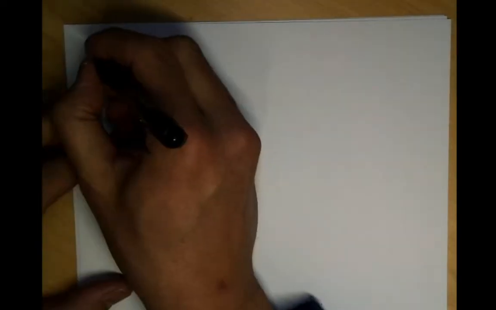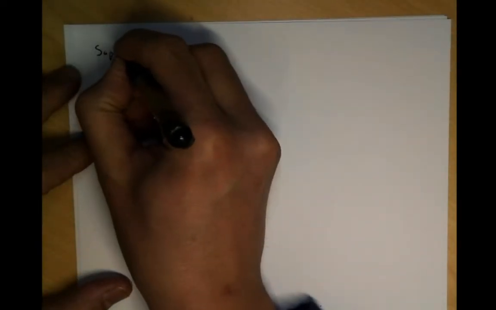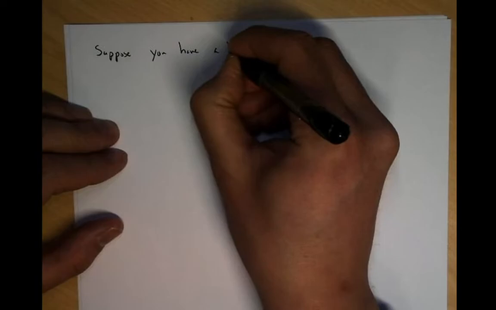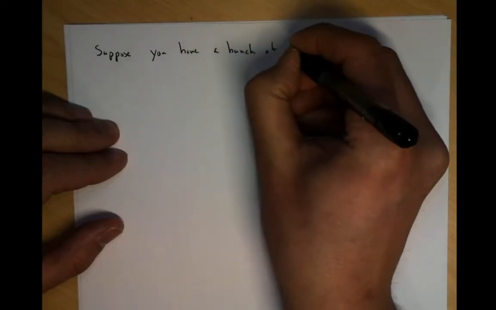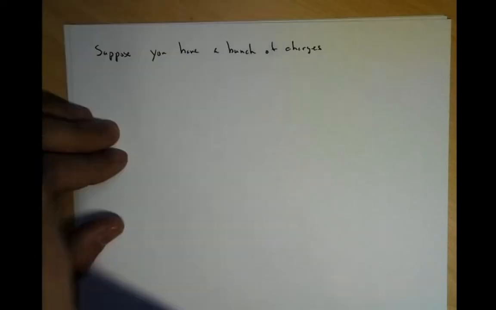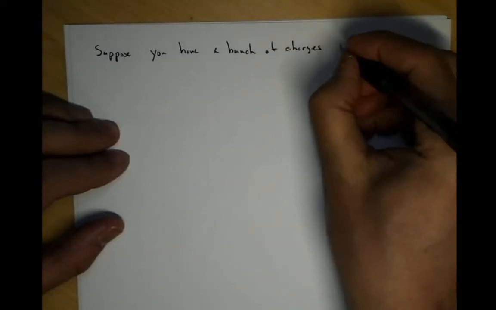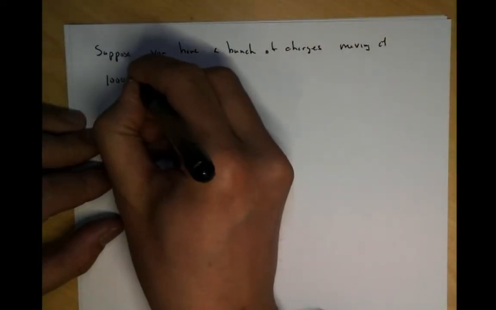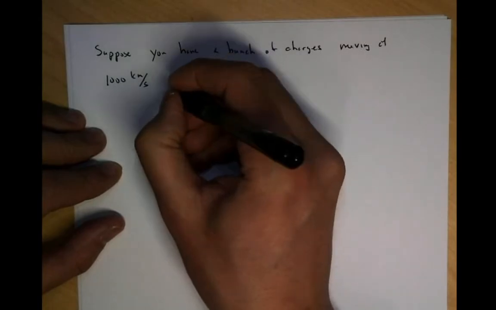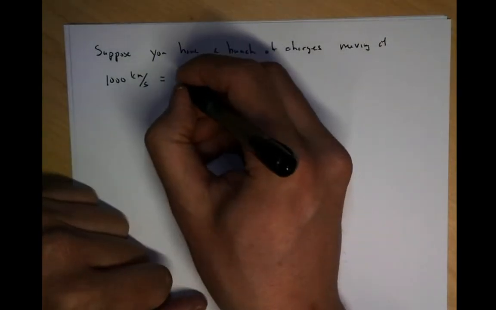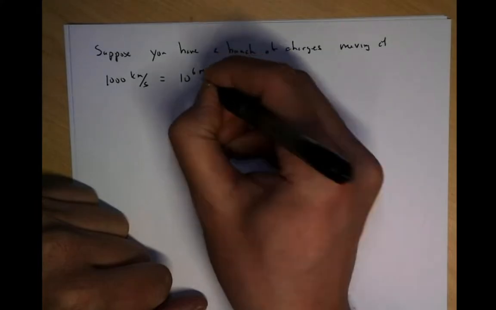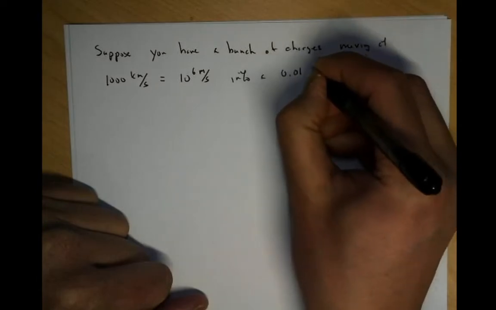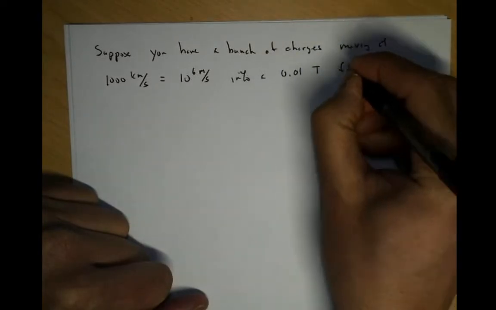Okay, now suppose you have a bunch of charges moving at 1,000 kilometers a second, all right, which translates to 10 to the 6 meters per second, into a 0.01 Tesla field. Okay.